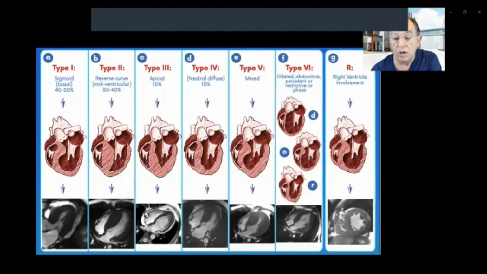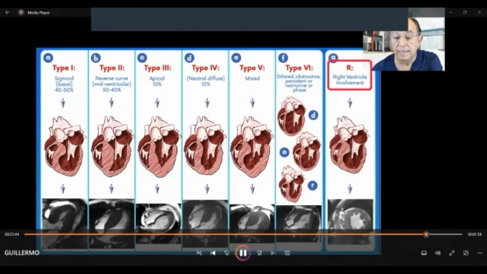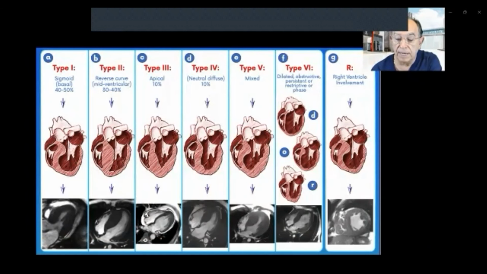Type 6O is patients with persistence of the obstruction but with dilatation, and type 6R is patients with dilatation with a restrictive pattern. And finally, we add the letter R in patients with involvement of the right ventricle in the presence of this disease. So we can use this classification in different forms.